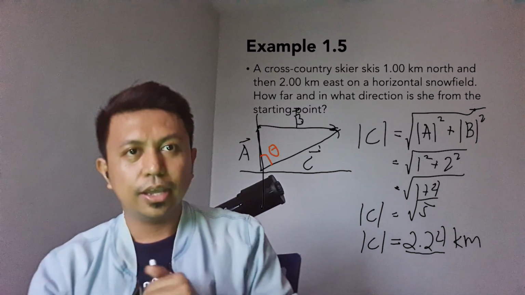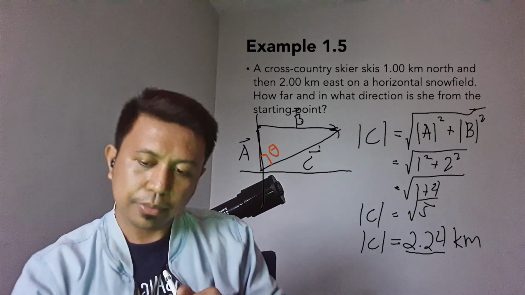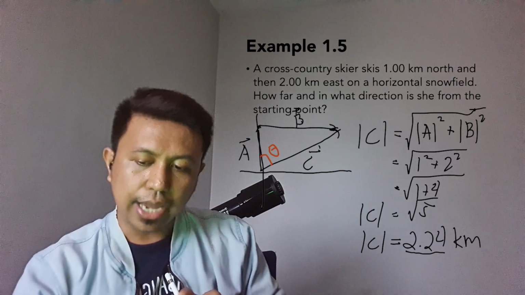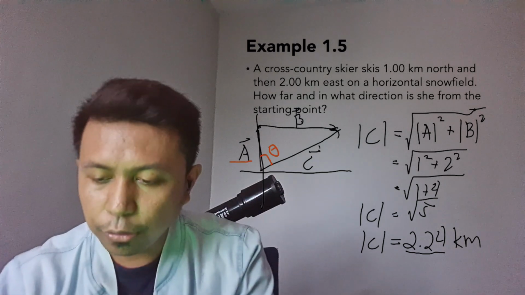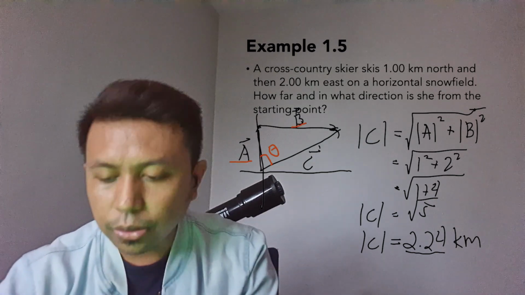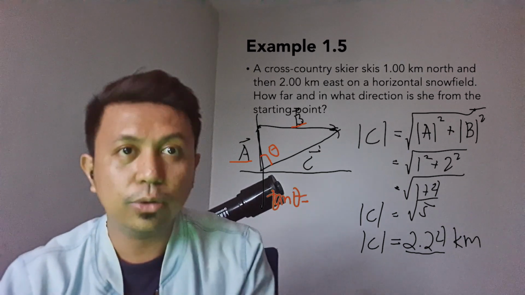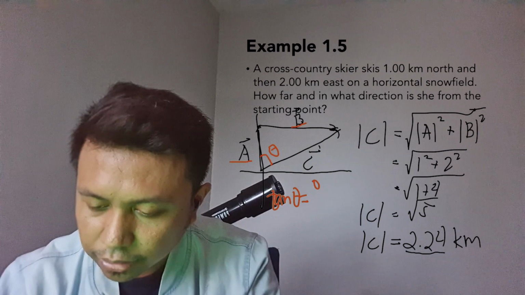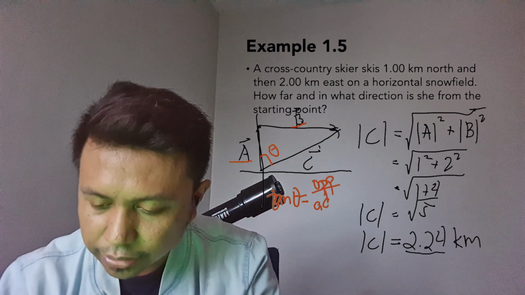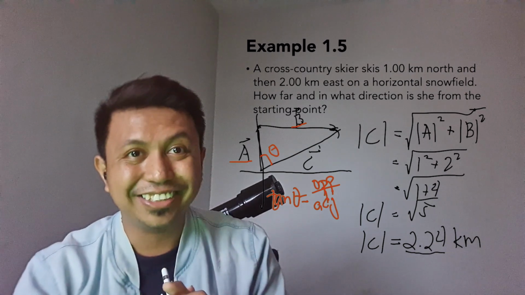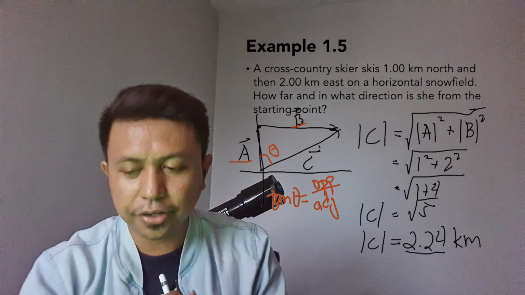We know vector A, we know vector B, and we know that the tangent of an angle is equal to the opposite over the adjacent, correct?